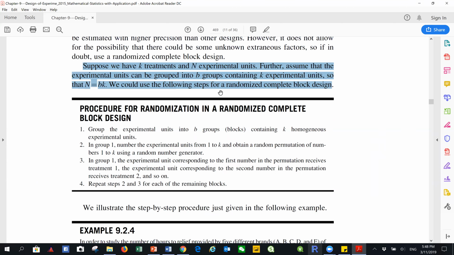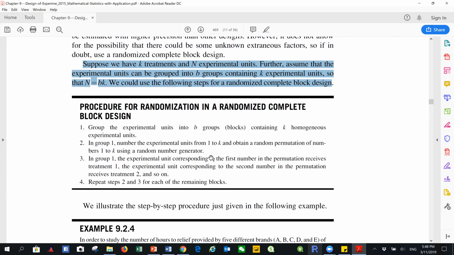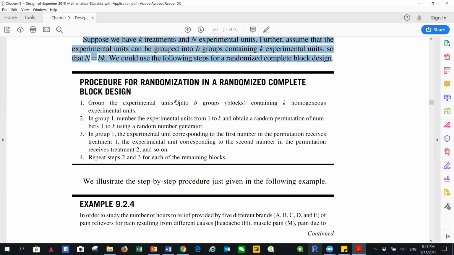Then the following steps are what we do to conduct the randomized complete block design.